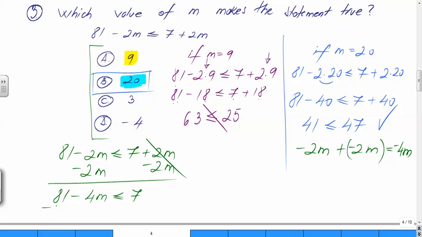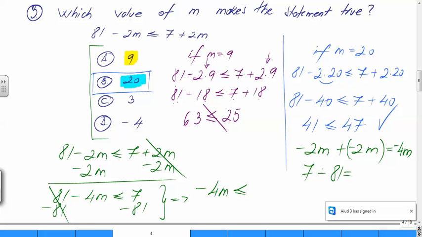Next thing, take that 81 away from both sides, right? Which gives me what? 81 minus 81, nothing. On the left I will have negative 4m, less than or equal to 7 minus 81. 7 minus 81 will be, you add the opposite, right? 7 plus negative 81.